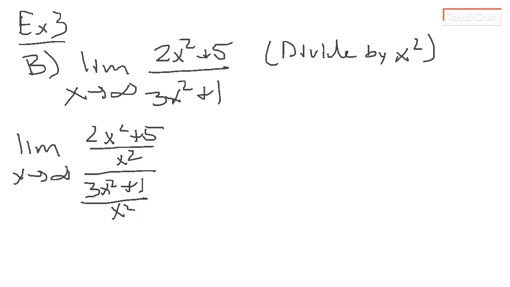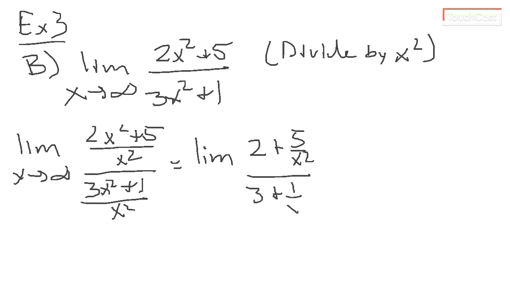And if you're confident in your work, you don't have to write the step I just wrote. But I should at least see this next step. So we can write this now as the limit of 2 plus 5 over x squared over 3 plus 1 over x squared as x goes to infinity.